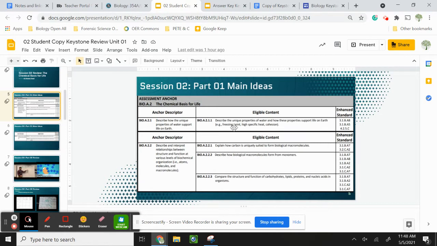You need to be able to explain how it's less dense as a solid, how it has a high specific heat, the properties of adhesion and cohesion, and how they relate to surface tension and capillary action. And all of this stems from the polarity of the water molecule. So be good and comfortable with that information.